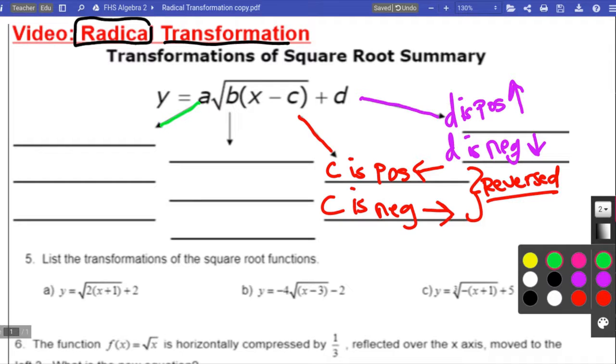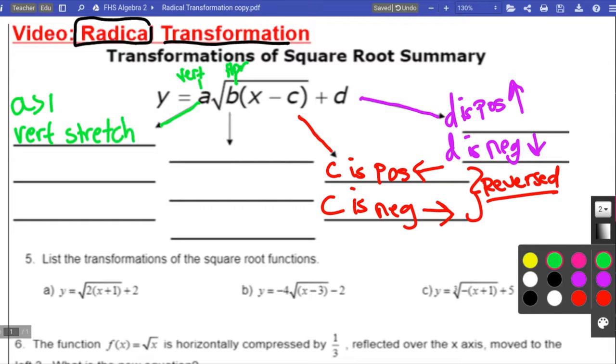All right, so with A, we know it has to do with vertical. In fact, I might even write the word vertical with A. And for B, I'm going to put the word horizontal. So these are the ones that create the changes. With A, if A is greater than 1, ladies and gentlemen, you're going to have what I call a vertical stretch.